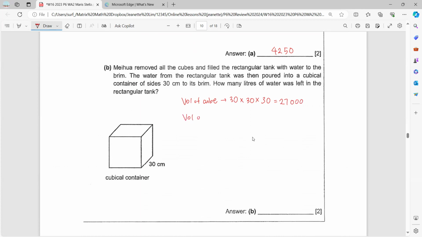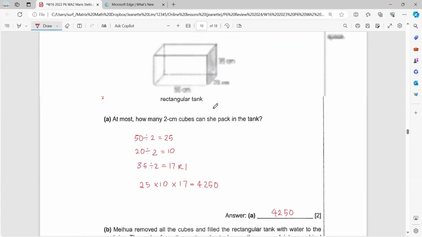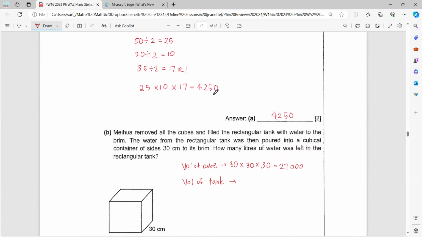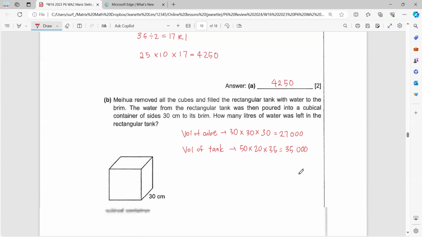Then the volume of the tank, which was 50, 20, 35, 35,000. So the cube is actually smaller than the tank. To find out how much is left in the tank, we'll just take this tank minus the cube.